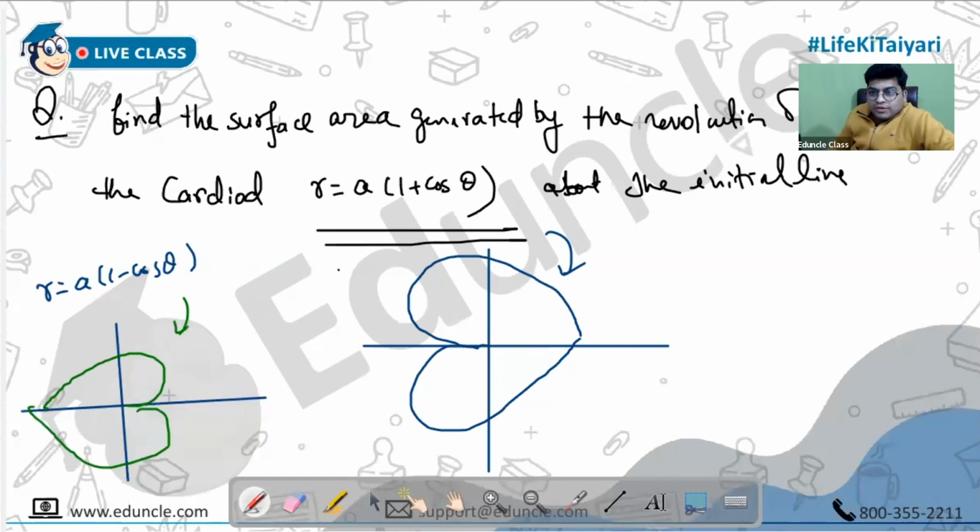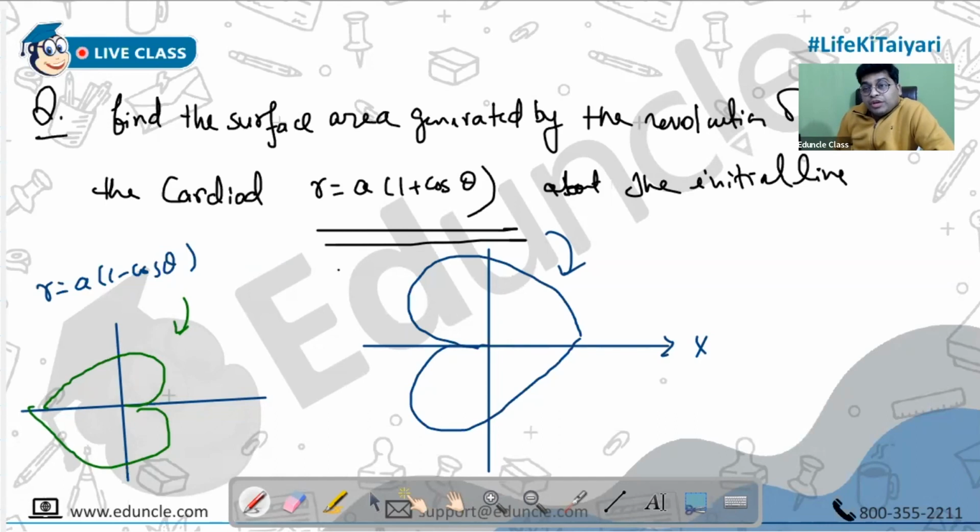Now you have to rotate. Initial line means this is called the initial line of the cardioid. You will rotate. Whenever we have solved problems of area cut by or bounded by a surface, we have multiplied by 2.